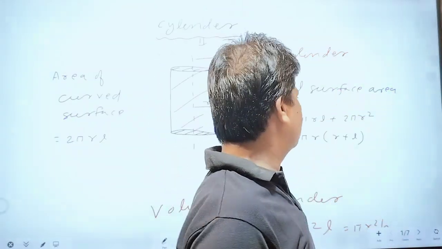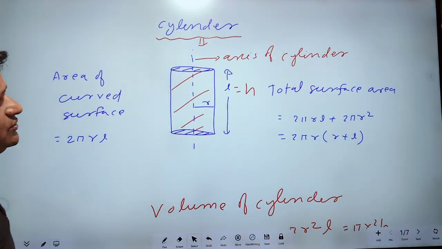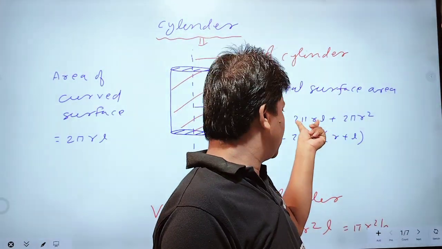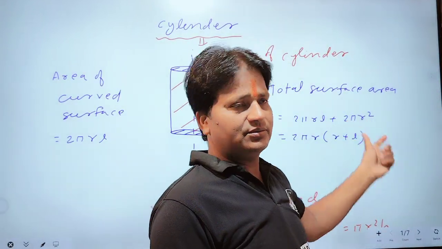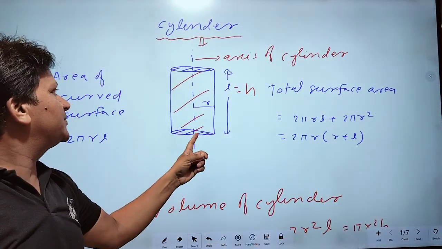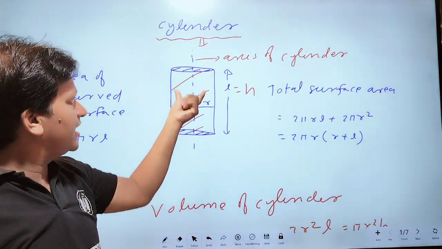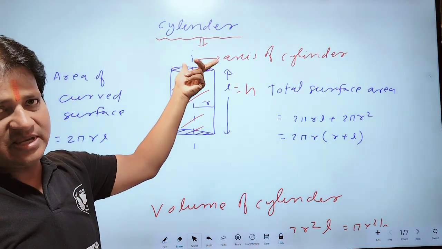Total surface area will be equal to the sum of the surface area of the curved surface plus the area of this part and this part. Area of this part will be pi r squared and area of this part is also pi r squared.